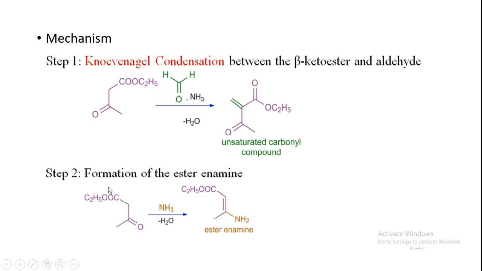So in the next step, what will happen? Formation of the ester enamine. With another molecule of the beta ketoester, ammonia will react to form the ester enamine. So here you see, it will form the ester enamine. So it is ester, then 'en' means double bond, amine, and NH2.